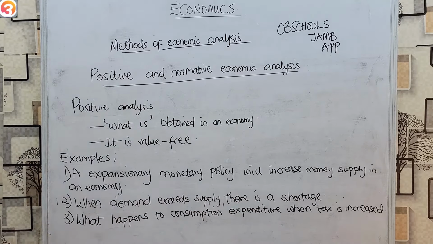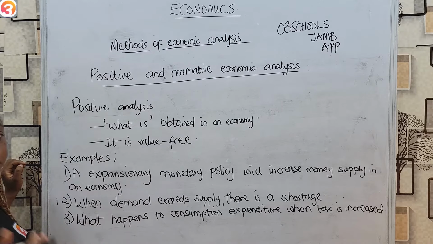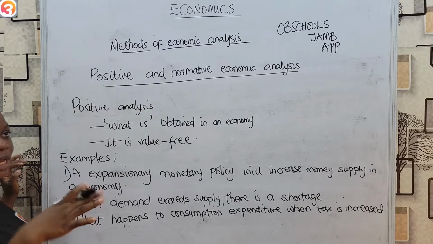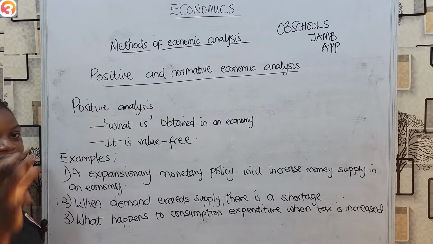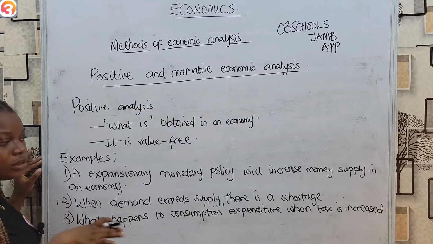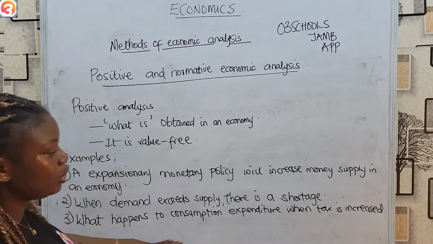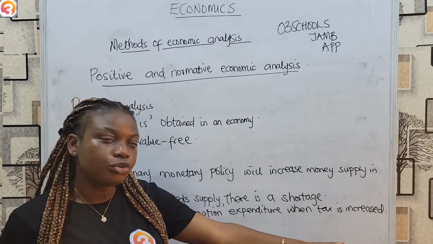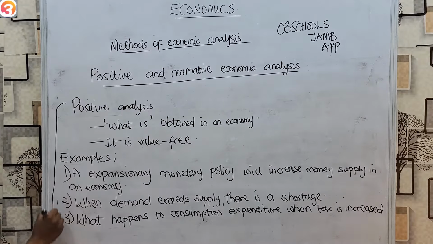That's what happens in a market structure. When the demand for a certain product is more than the supply, or more than the products that are available to satisfy that demand, there is a shortage. And then what happens to consumption expenditure when tax is increased? So this is it for the positive analysis.